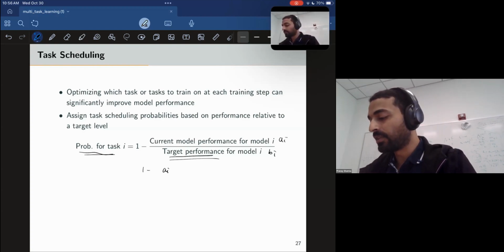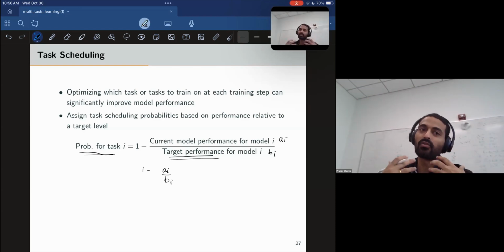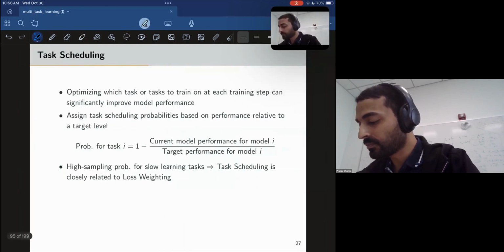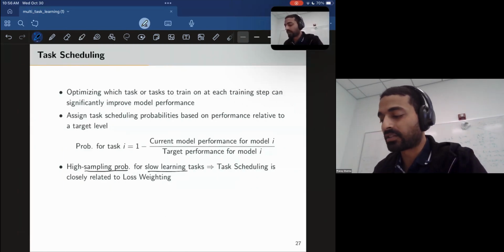Then this probability should be 1 minus AI by BI. If AI and BI are very similar, we have almost achieved our desired performance, so we don't really need to work with this task a lot. If AI is much smaller than BI, then this probability will be closer to 1, and we want to work with this task a lot more, right? So again, high sampling probability for slow learning tasks.